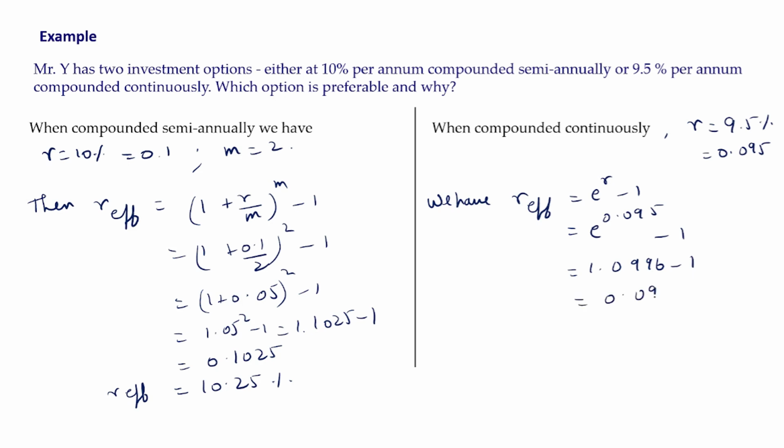So it is 0.0996, which is 9.96%. So here R effective is equal to 9.96%. So when we compare these two, the first option is a better investment option because the effective interest rate is more. Therefore, first option is better.